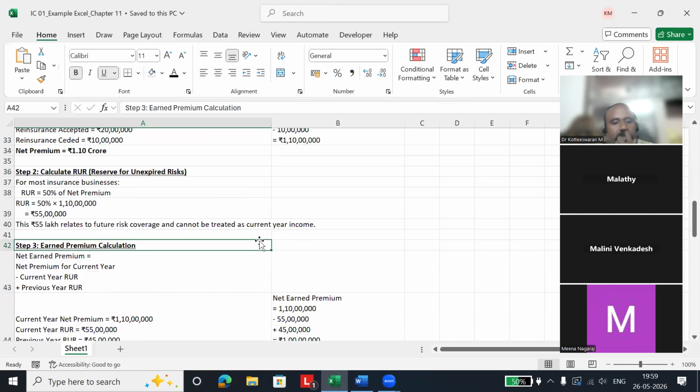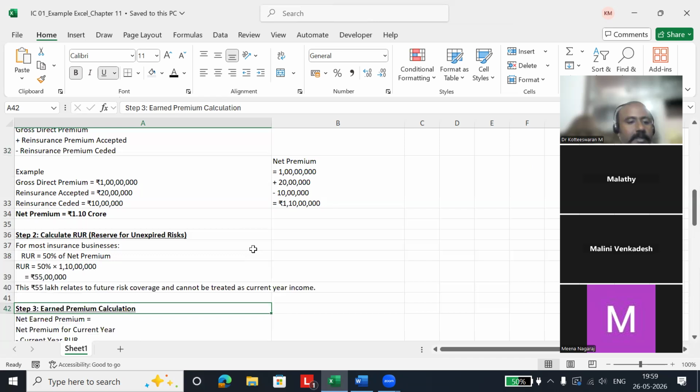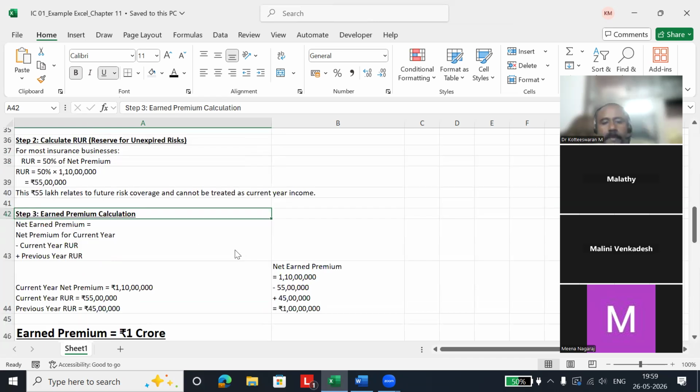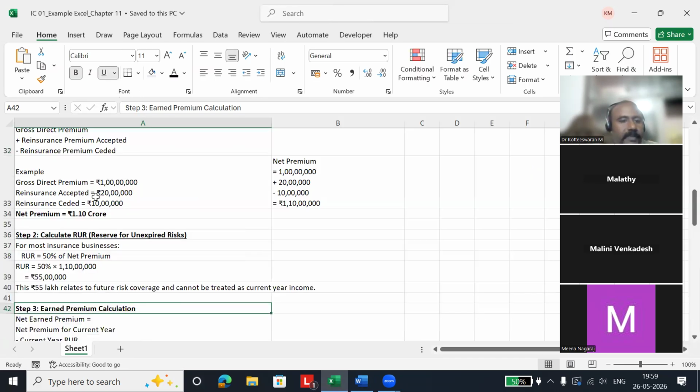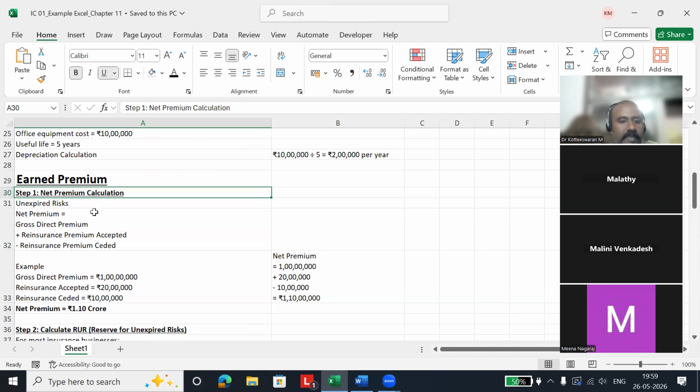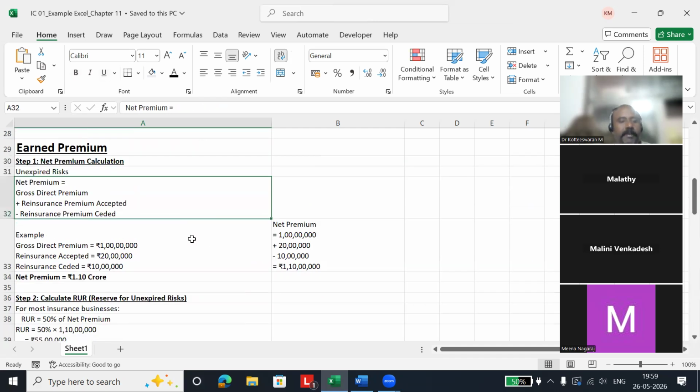The third step is the earned premium calculation. So first we will see how to calculate the net premium for the current year. Net premium is equal to gross direct premium plus reinsurance premium accepted minus reinsurance premium ceded.